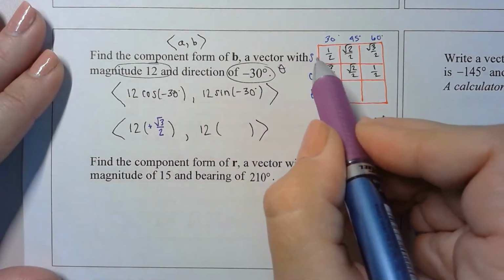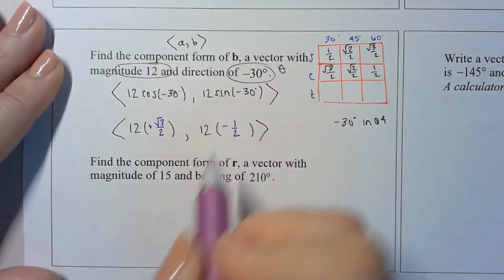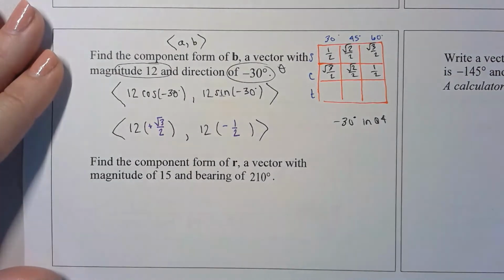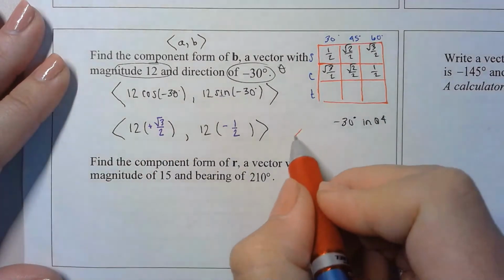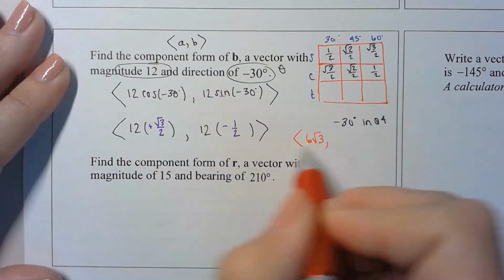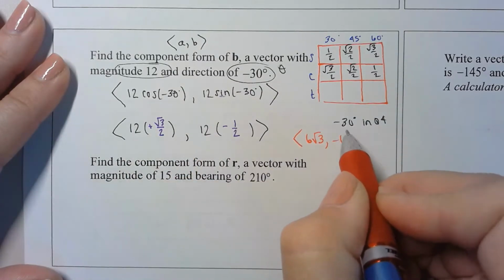The sine of 30 degrees is 1/2, but in the fourth quadrant, sine is negative. So let's just clean that up. 12 divided by 2 is 6, so I'm left with 6 times radical 3. 12 divided by 2 is 6, so I'm left with -6 times 1.